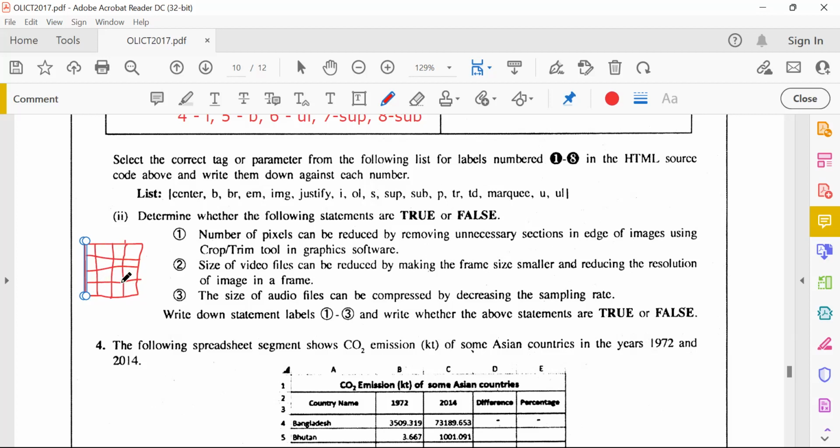Now the question says, if you take part of this, let's say I'm going to make it this part, and I'll remove the other parts. Is it reduced? Yes, it's reduced. So that means we have the answer for this one as true.